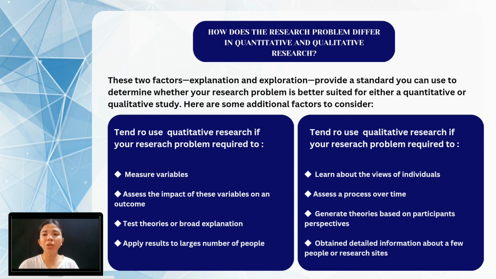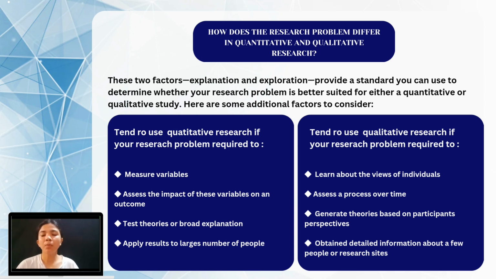In quantitative research, the research problem typically focuses on measuring relationships between variables or testing hypotheses using numerical data, while in qualitative research, it's more about exploring complex phenomena, often using open-ended questions and seeking to understand the context and meaning behind them.